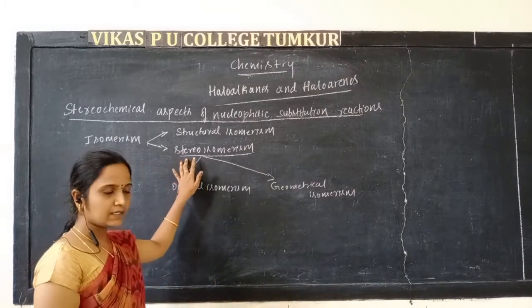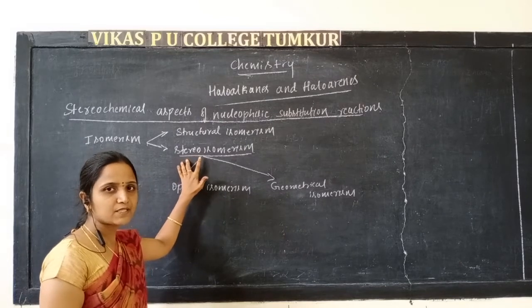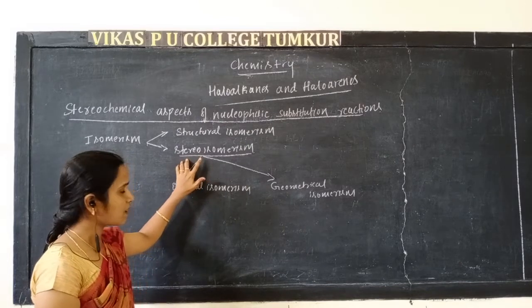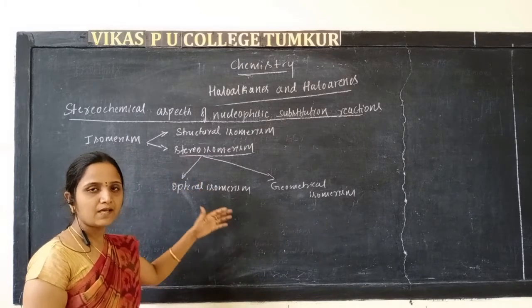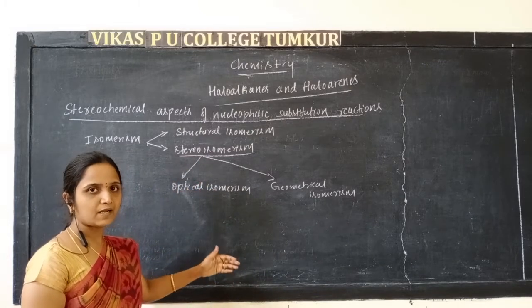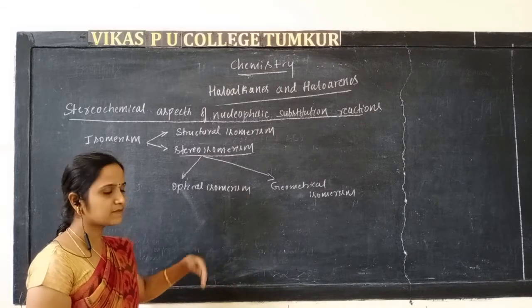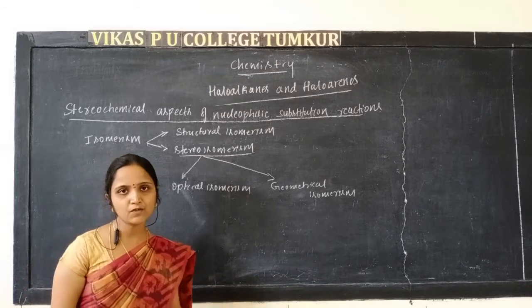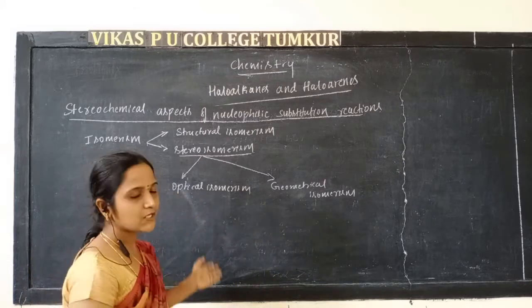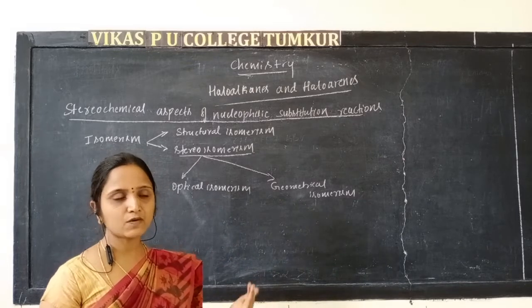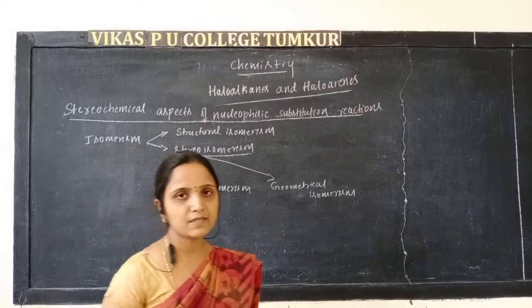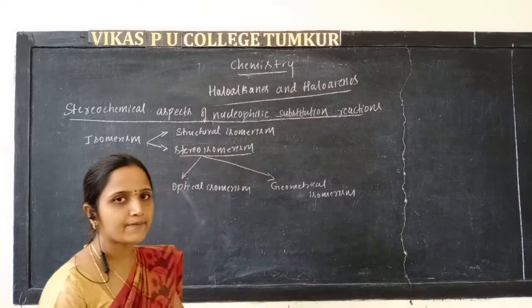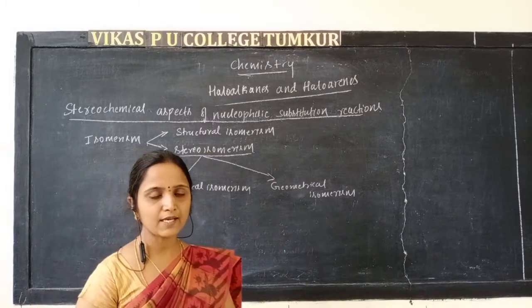Now we know what is meant by stereoisomerism: two or more compounds having the same molecular formula and structure but differing in the spatial arrangement of atoms or groups. Within stereoisomerism there are two types, optical isomerism and geometrical isomerism.